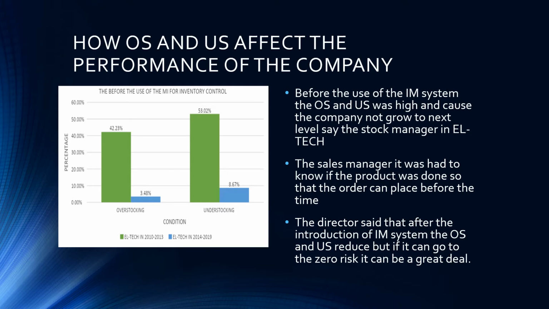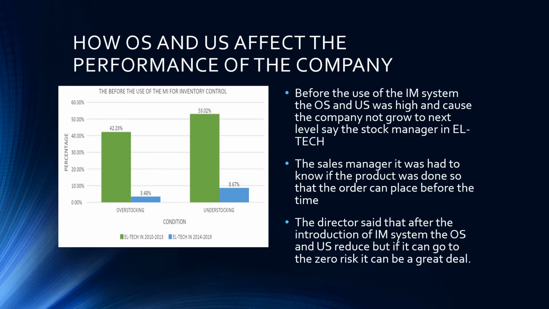After the use of the inventory management system that controlled them, overstock reduced from 42.23% to 3.848%. Then understock reduced from 53 to 8%.